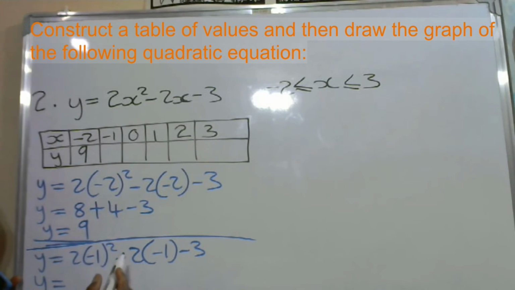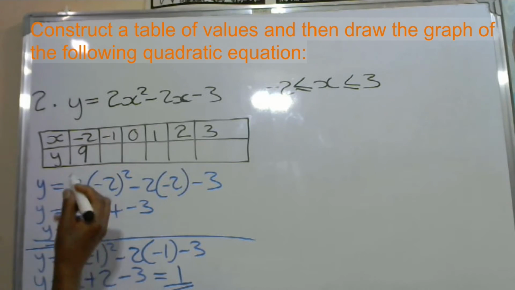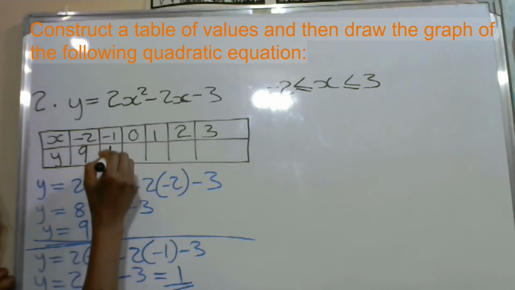Negative 1 squared is a positive 1. So positive 1 times 2 is 2. Minus 2 times minus 1 is a positive 2. Then we subtract 3. So 2 plus 2 is 4, minus 3 gives us a positive 1. So our value when x is a negative 1 will be a positive 1.